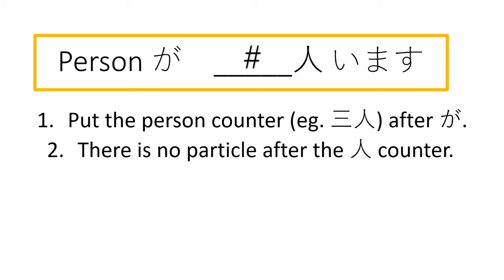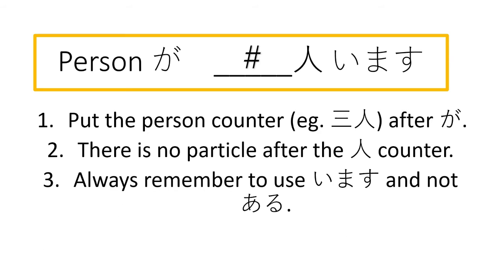Now, there is no particle after the nin counter or the person counter. As you can see, there is no particle between nin and imasu. And then always remember to use imasu, not aru. Okay? Imasu for living creatures. Aru is reserved for non-living things.